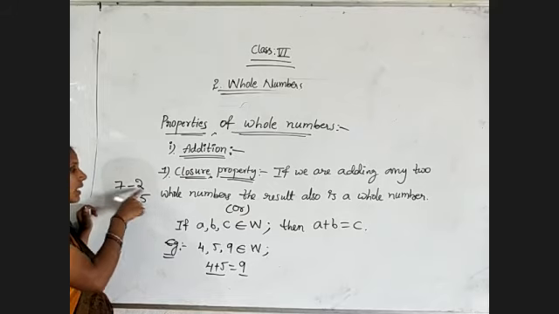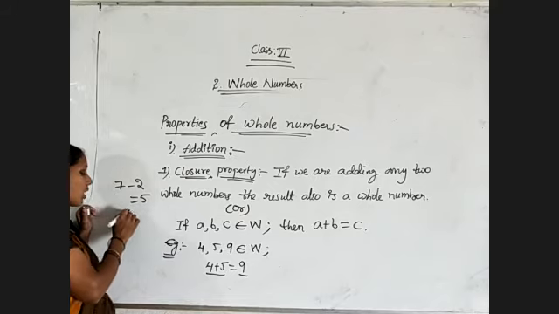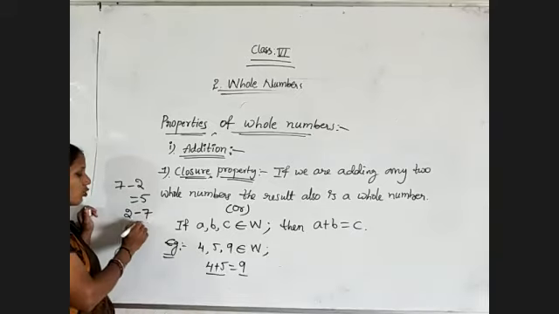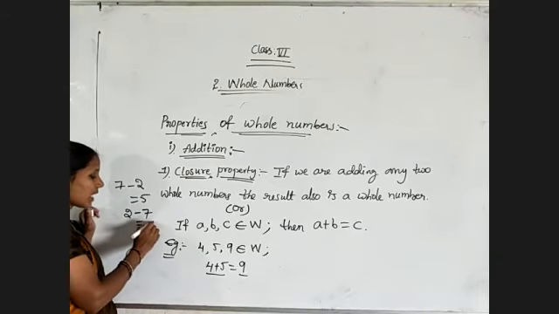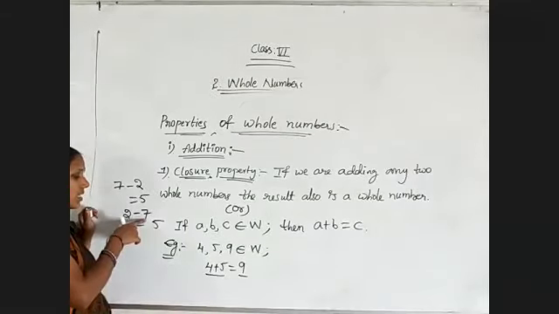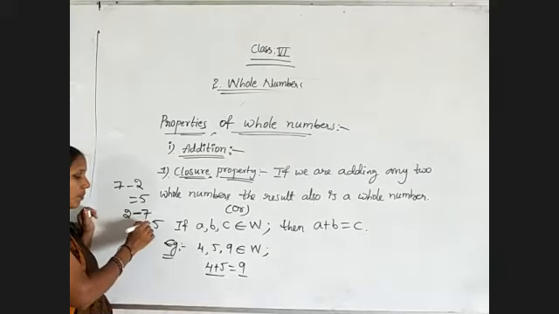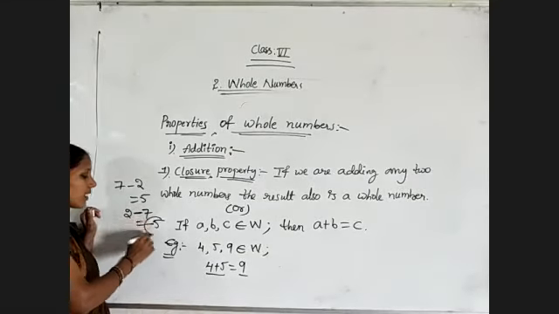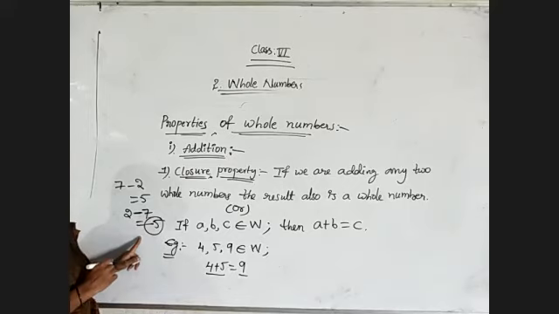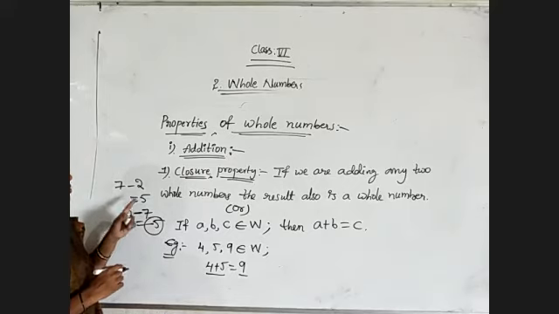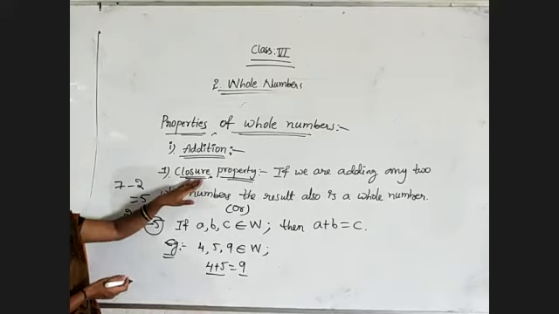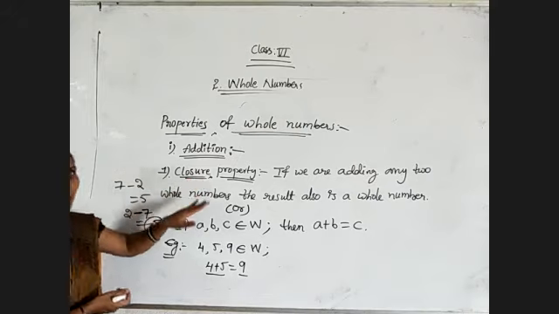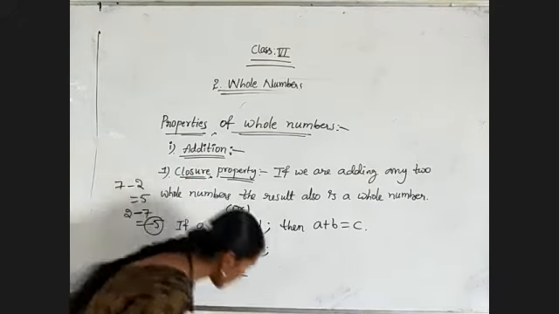But if I take it reversely, smaller number first and greater number afterwards, 2 minus 7, what will I get? Minus 5 I will get, not 5. Minus 5 is not a whole number, it is an integer. That means closure property under subtraction is not suitable for whole numbers.